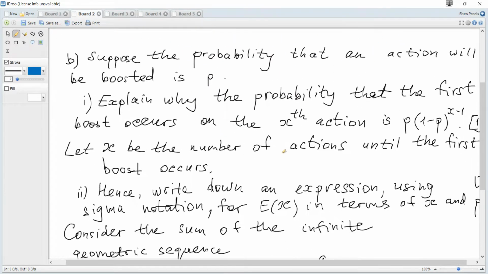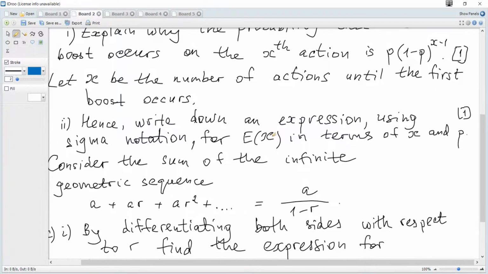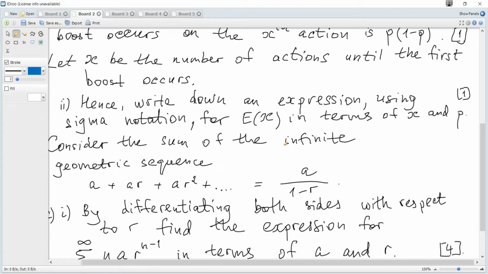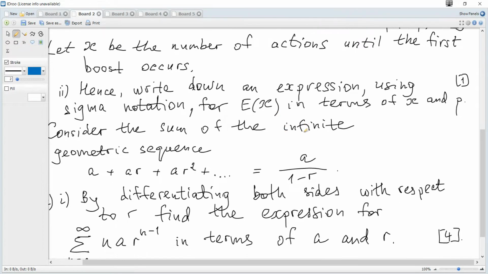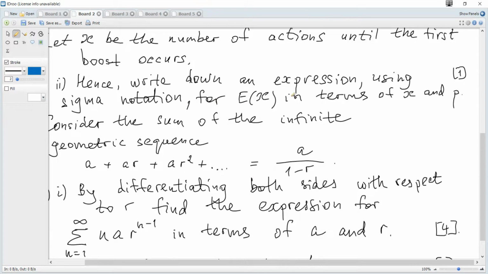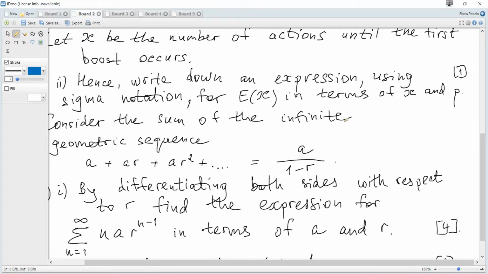The next, let x be the number of actions until the first boost occurs. Hence, write down an expression using sigma notation for E of x, its expected value or mean, in terms of x and p.